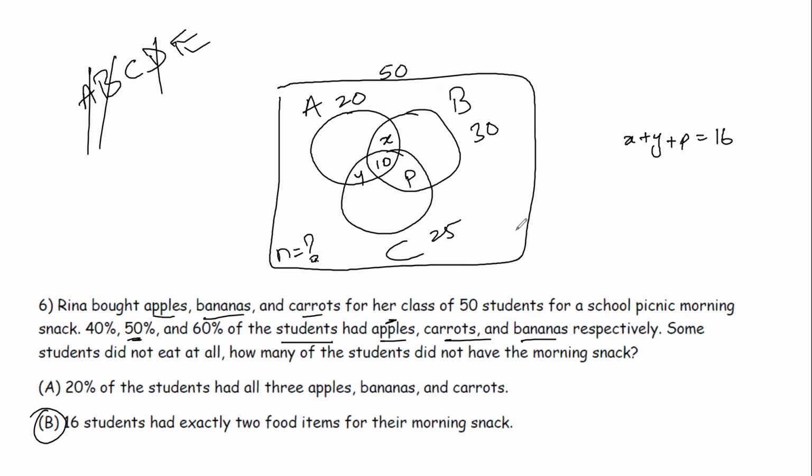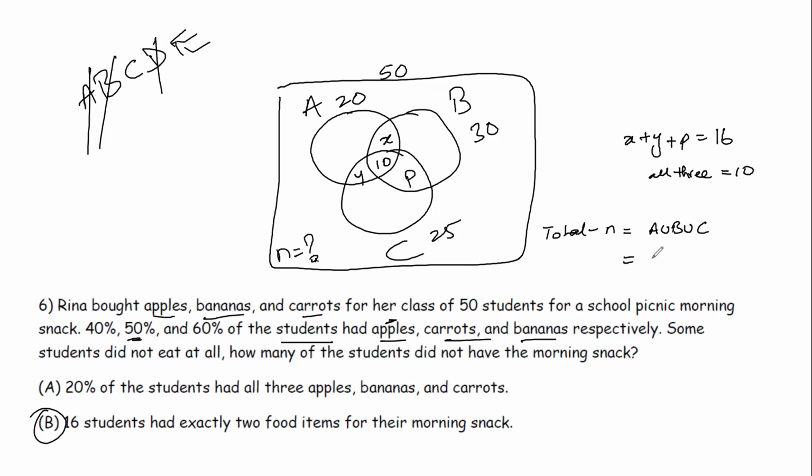Taking both together, we know that X plus Y plus P is 16. We know that all three is 10, correct? And we know the total is 50. So the total minus n is A union B union C, meaning everything within the circles.